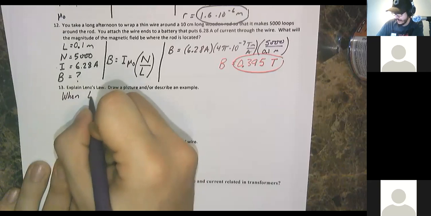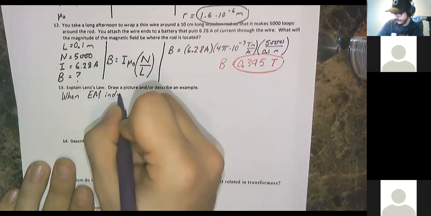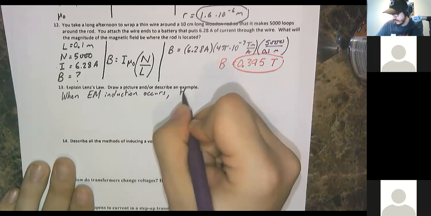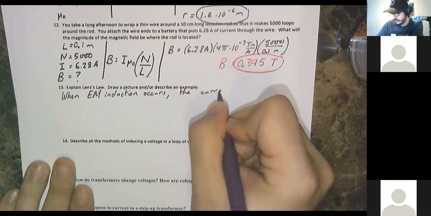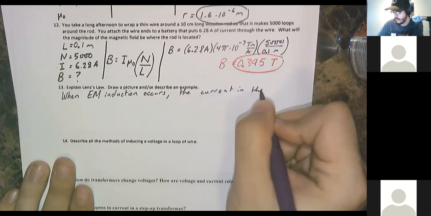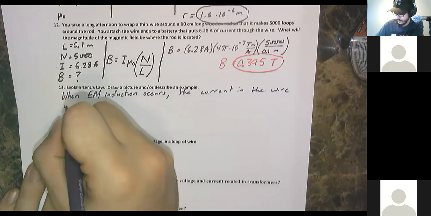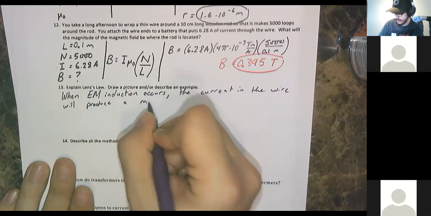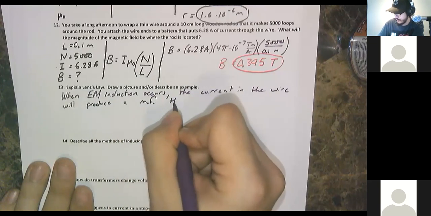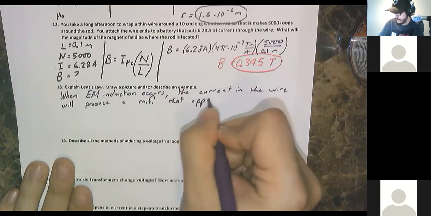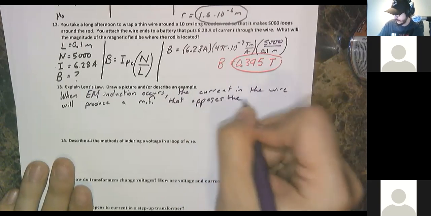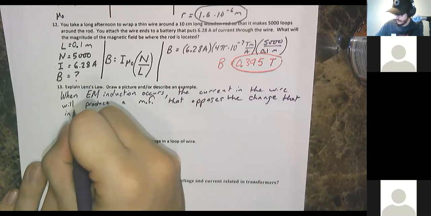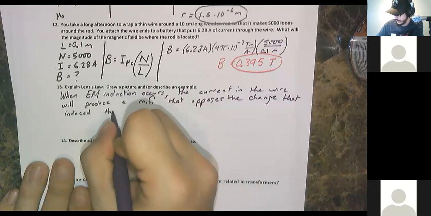So when electromagnetic induction occurs, the current in the wire will produce a magnetic field that opposes the change that induced the current.